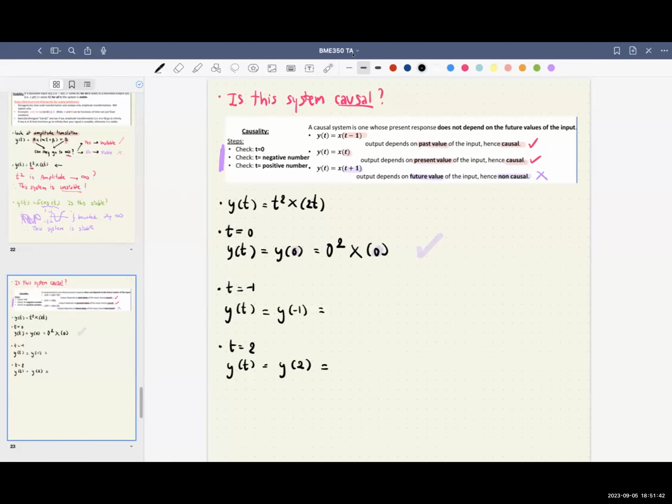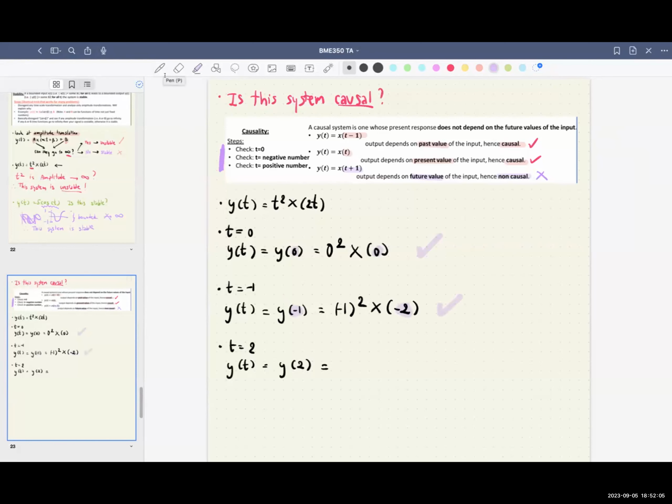Anyone would like to? It would be causal. Yeah, it's going to be causal, right, Ruhi? What we have here is still in the past. It's still going to be causal.